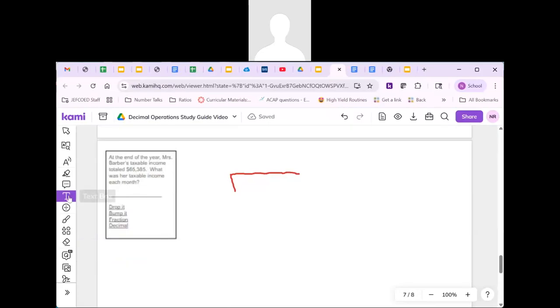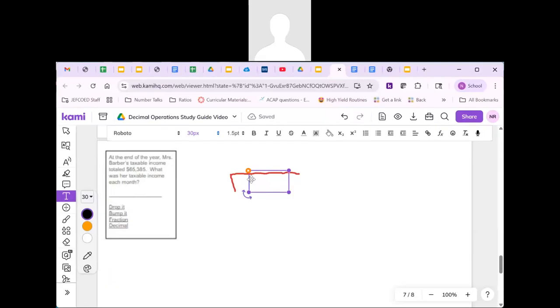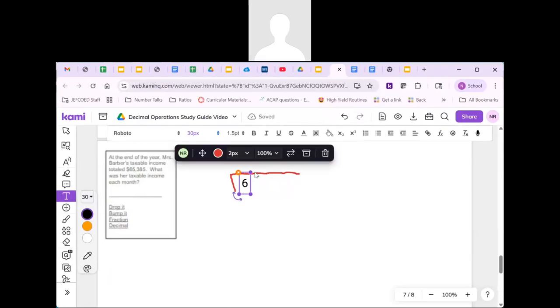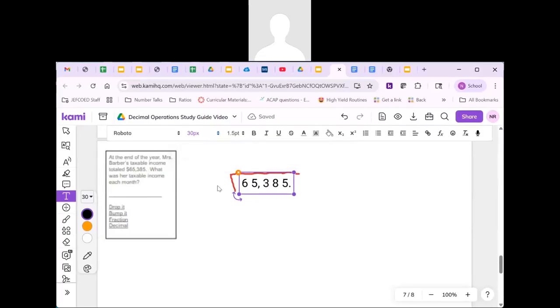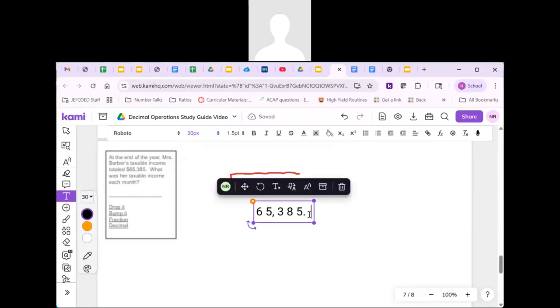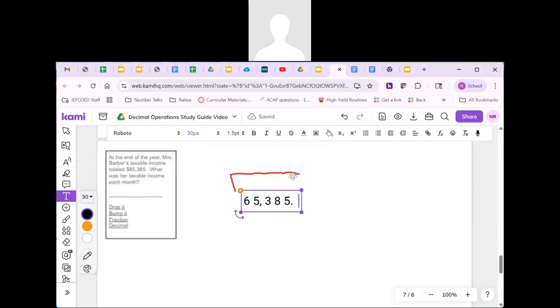All right. So we're going to go ahead and put the number in here. 6, 5, comma. That is not a decimal. 3, 8, 5. And our decimal is going to go here. Now, y'all, what's the label on this?